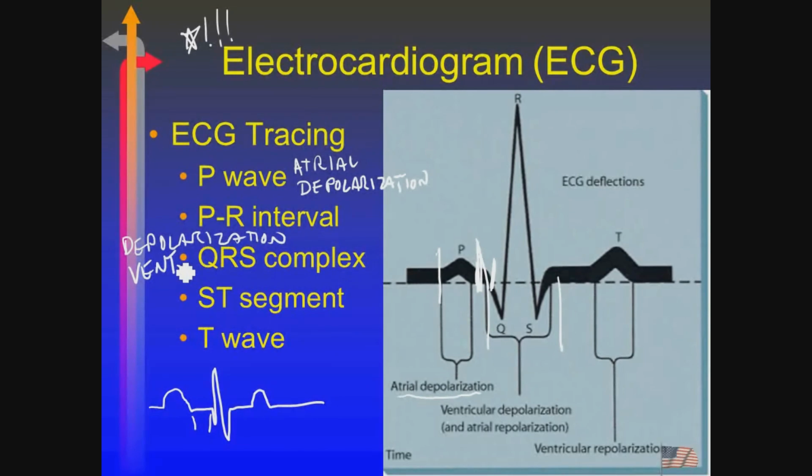Once a muscle depolarizes, once it contracts, what does it do next? It relaxes. It repolarizes. That movement of ions goes the opposite direction until we're back to where we started. There's a period of time prior to that happening, and the T wave represents ventricular repolarization.